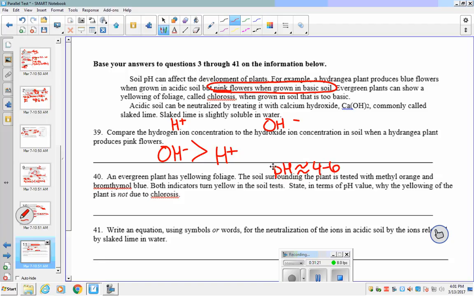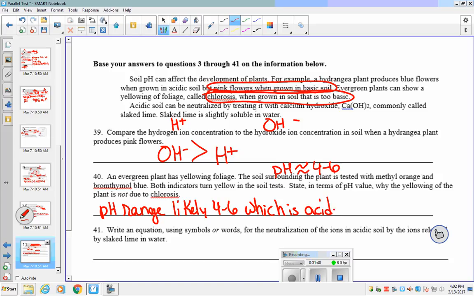So in terms of pH value, chlorosis occurs when grown in soil that is too basic. So the pH really is just too low for this to be chlorosis. So since both of those are indicating yellow, this tells me my pH range is likely about 4 to 6, which is acidic.